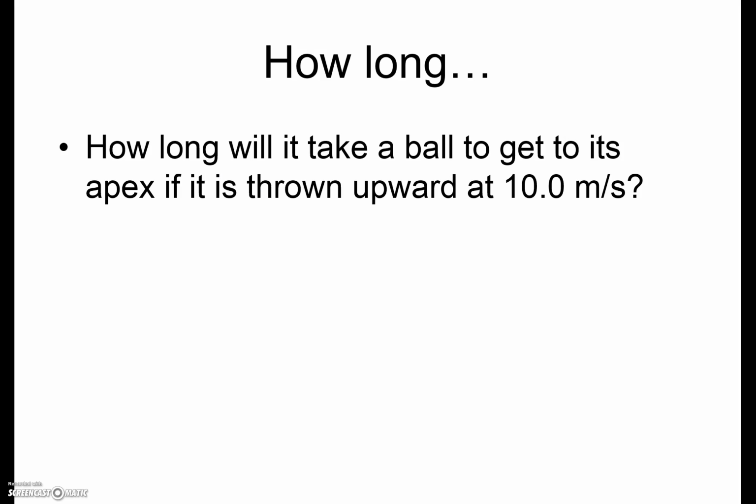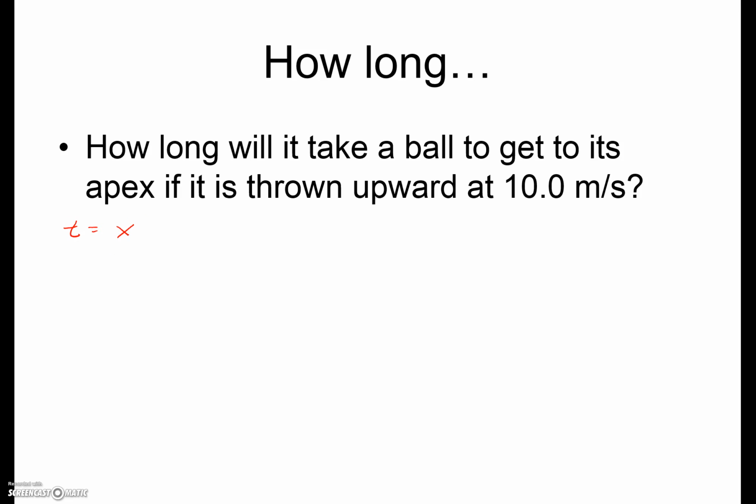So here's a question. How long will it take a ball to get to its apex if it is thrown upward at 10 meters per second? All right, so the first thing we'll do is we'll write down our variables. When the question says how long will it take, we're trying to solve for our time.